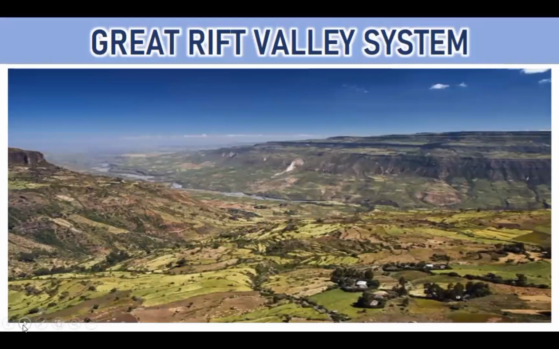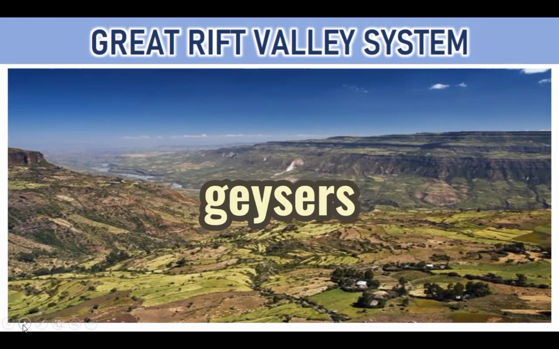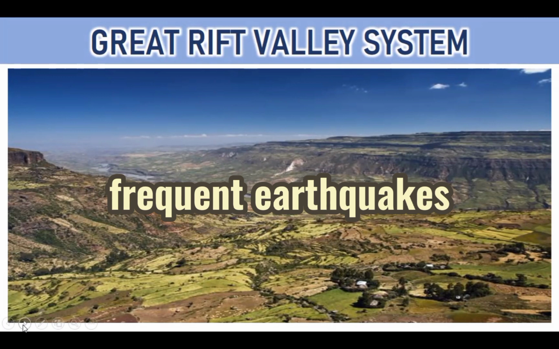The most well-known rift valley on Earth is probably the so-called Great Rift Valley System, which stretches from the Middle East onto the north and to Mozambique in the south. The area is geologically active and features volcanoes, hot springs, geysers, and frequent earthquakes.